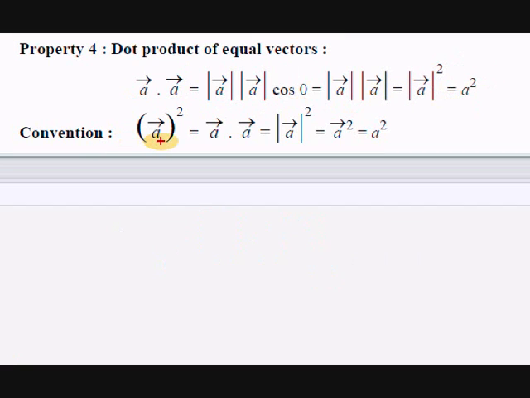As a convention, we should remember that the square of the vector A is nothing but A vector dot A vector, which is the magnitude of A vector the whole squared, which can be represented as A vector squared, equivalent to A squared.